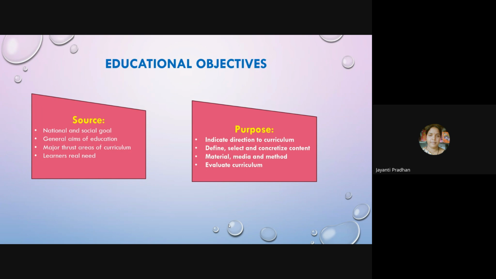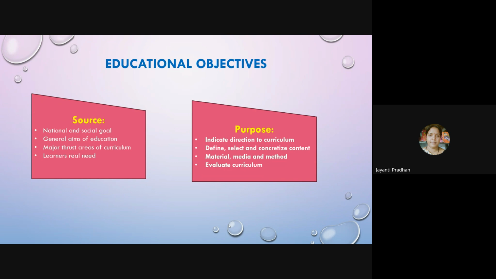These core components are the thrust areas to be placed in the curriculum. They must be reflected in the curriculum in any way, not necessarily in the exact way I discussed here, but in any way or any means these things should be reflected in our curriculum.